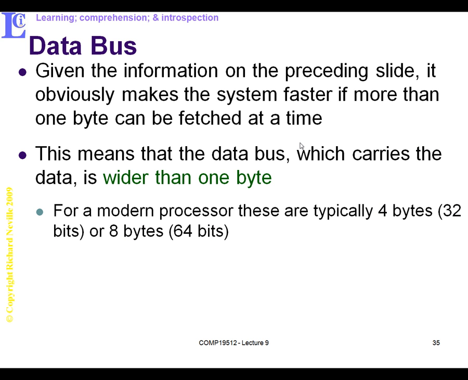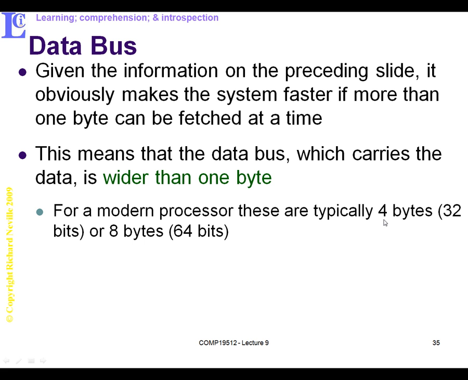So if we look at a data bus that's wider than 8 bits, 1 byte, how would we transfer the data? This is actually the case for modern processors, when typically they'll have data stored as 4 bytes or 8 bytes, so a 32-bit number or a 64-bit number. So we have to think about transmitting 4 separate blocks of information.